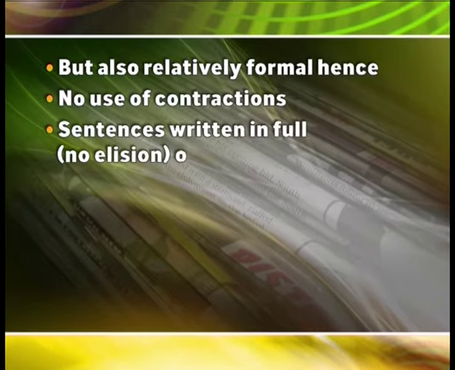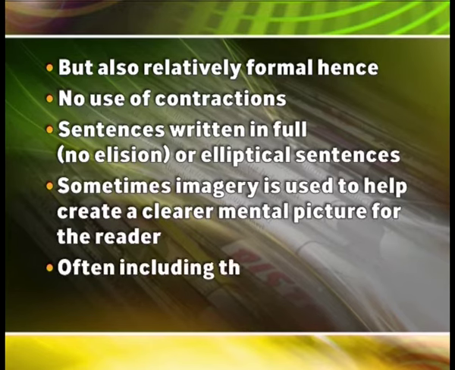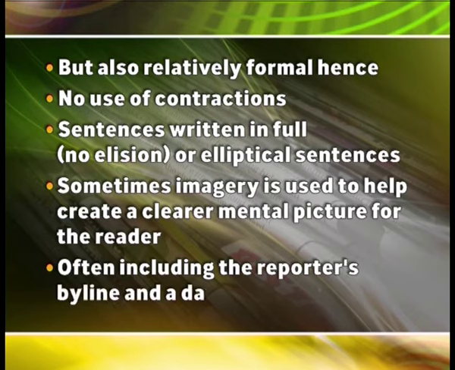Sentences are written in full, with no elision or elliptical sentences. Sometimes imagery is used to help create a clearer mental picture for the reader, often including the reporter's byline and a dateline. Some of the principles for making a news story appealing are illustrated below.